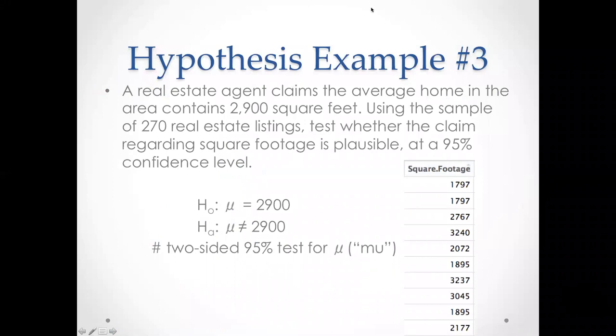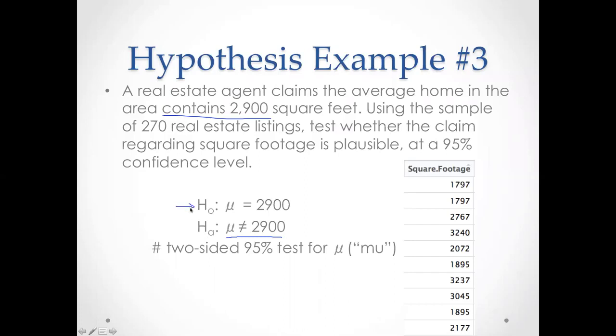In this instance, the real estate agent has claimed that homes in the area contain 2,900 square feet on average. So to refute that, we would want to express an alternative hypothesis that homes do not have, or mu is not equal to 2,900 square feet.